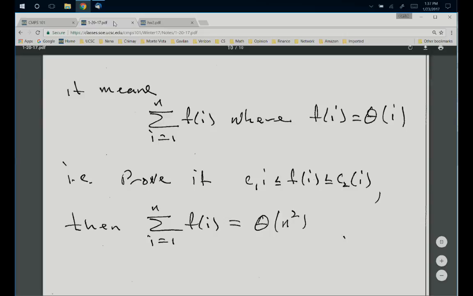Well, according to the lemma, what we need to do is take the limit of natural log n over n. That's what the lemma says. And this limit will be 0 if and only if that statement is true.